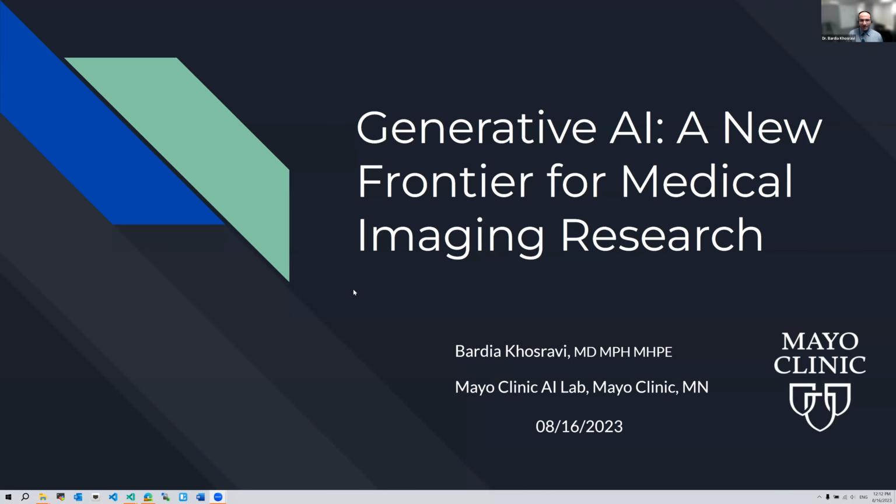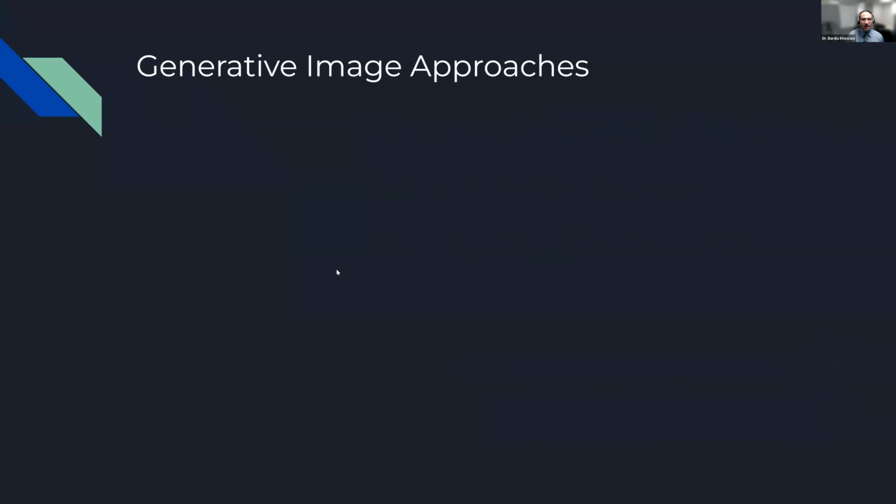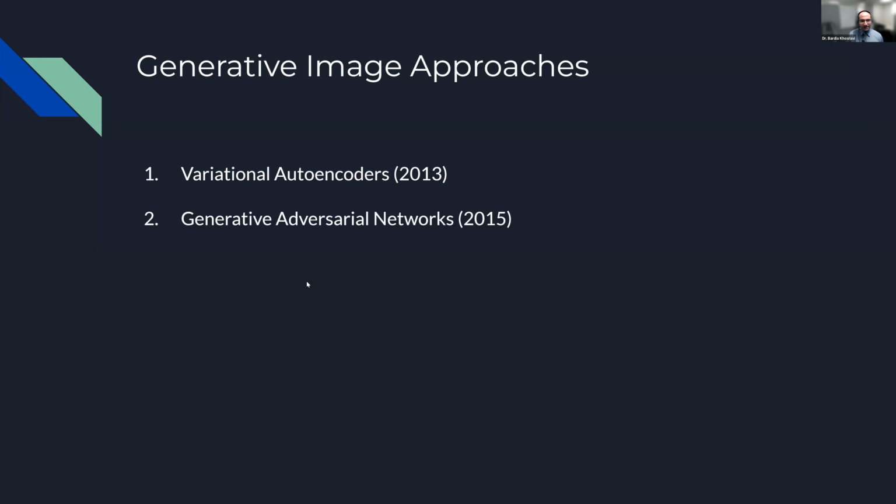and it might be very deceiving. Today, we're going to talk about medical imaging, or imaging in general. And in my talk, I'll be focusing on 3 approaches. One, variational autoencoders. They were introduced back in 2013 as a way to create images. And first of all, they were proposed to create somehow a compression algorithm, as we'll discuss. The second one is generative adversarial networks, and it was introduced back in 2015.